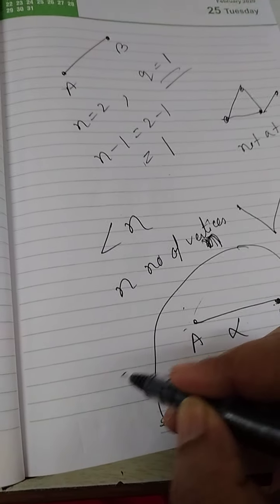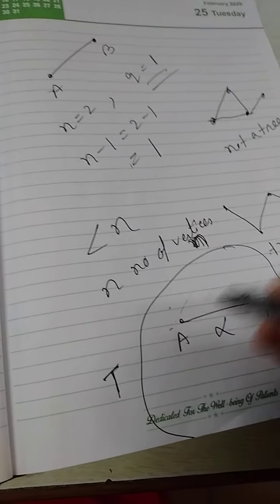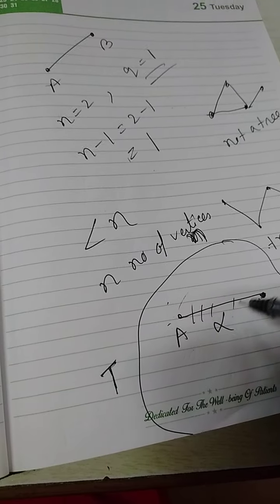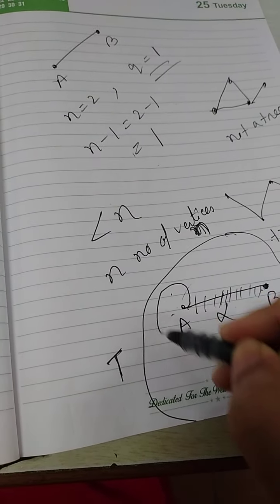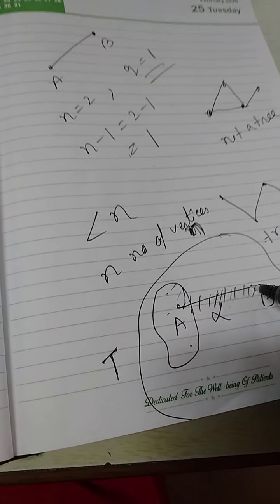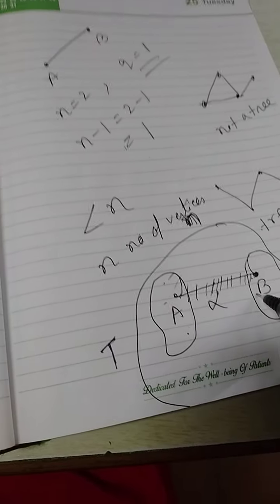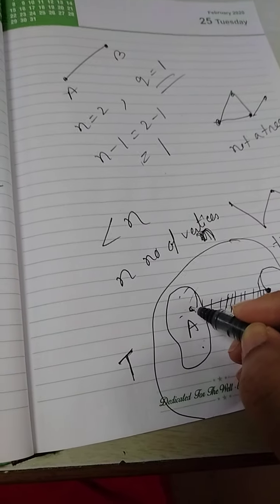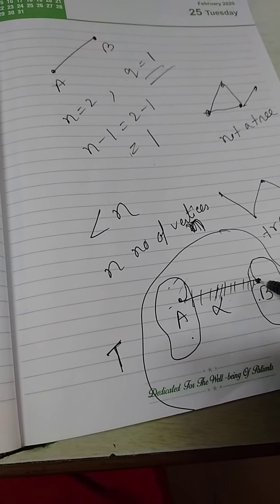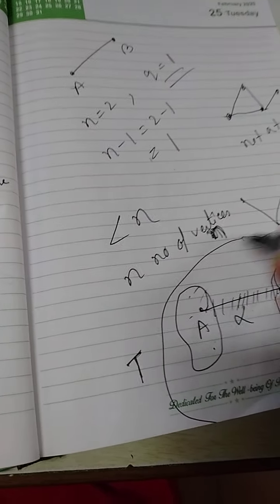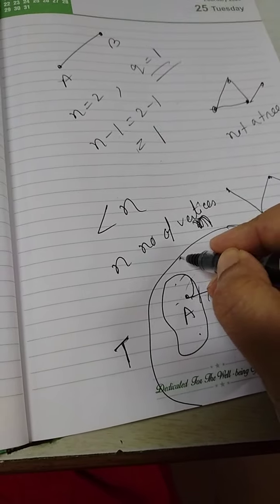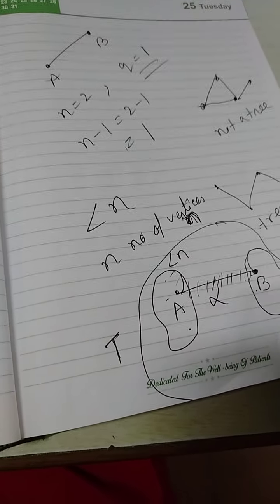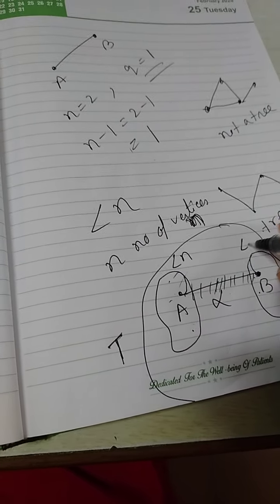Now from T suppose we are removing the edge alpha. When we remove alpha, we shall get two components, one containing A, another containing B. The whole graph contains n vertices, so obviously this part contains fewer than n vertices, and this part also contains fewer than n vertices.